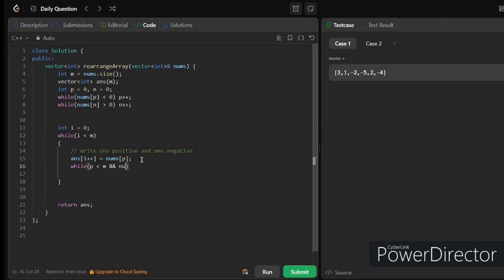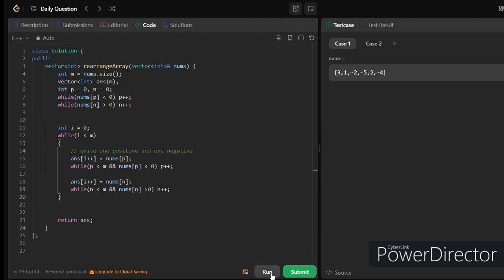And for nums[p] it is similar to the previous one, but this time we have to check. For the negative one, it's almost the same. Plus equals to nums, and while n is less than m. Writing the ans. And I think that's all.